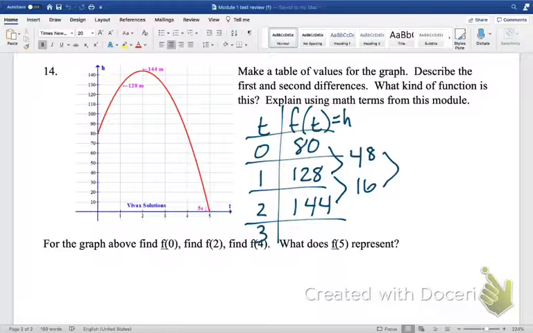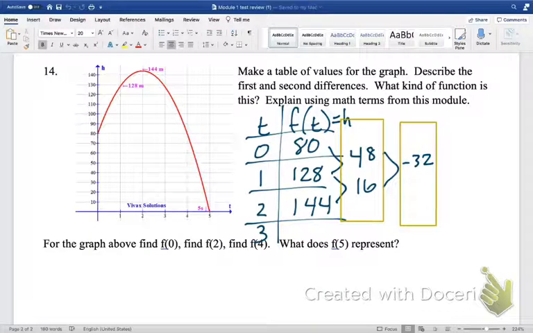So 48 minus 16, how do I get down? I'm going to need to subtract 32. So our first difference is here. Our second difference will be here. If I were to continue this on, if I knew more information at 4 and 5 seconds, I knew what happens at 5, and we'll get there shortly.